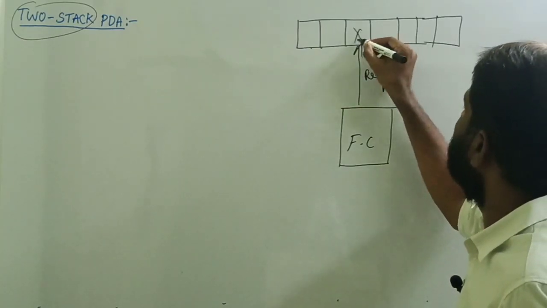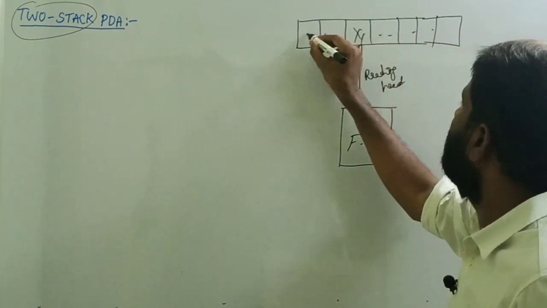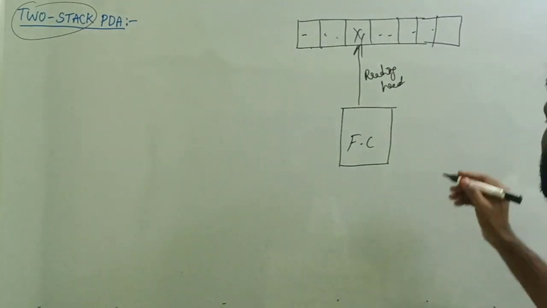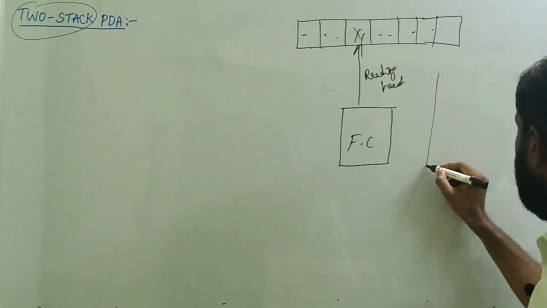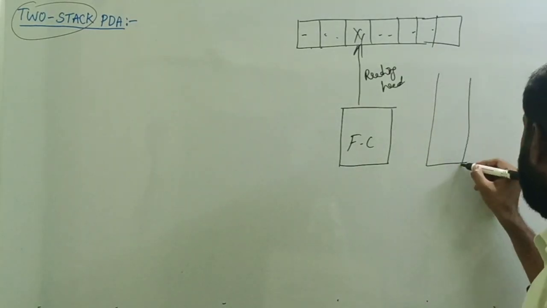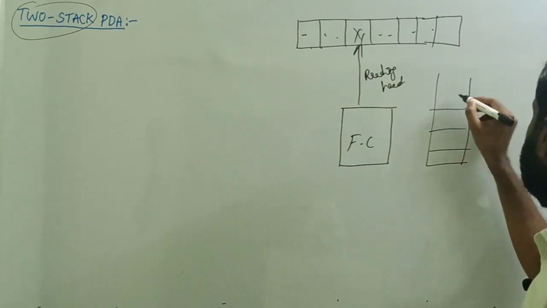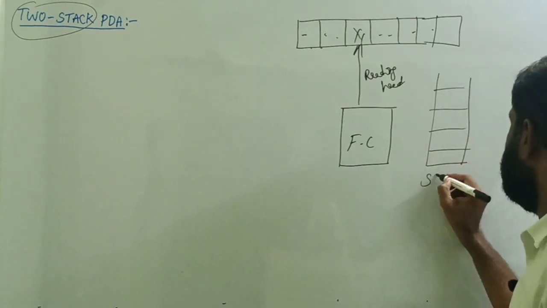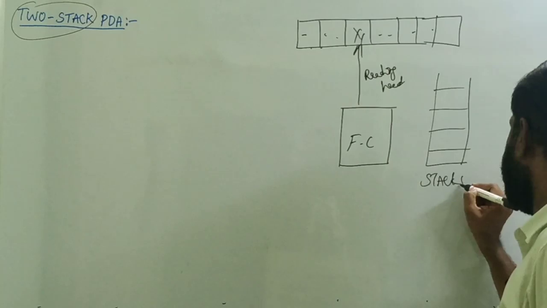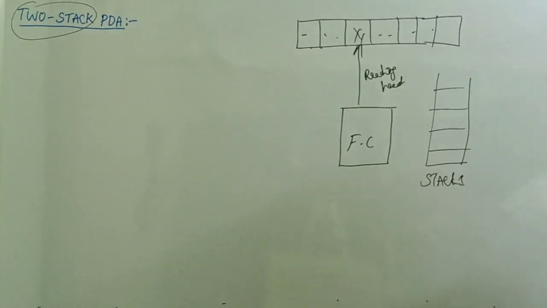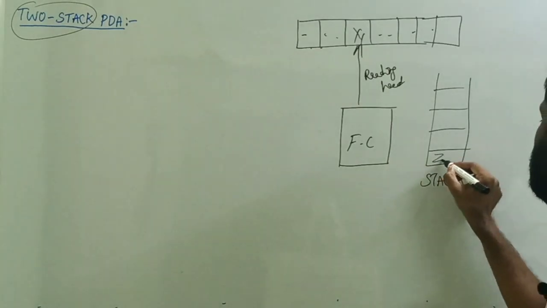Let's say the symbol is x1 and so on. Then it has one auxiliary memory in the form of a stack. Let's assume it is stack 1. Then it has the initial stack symbol z0.